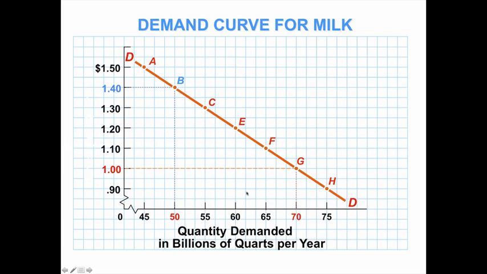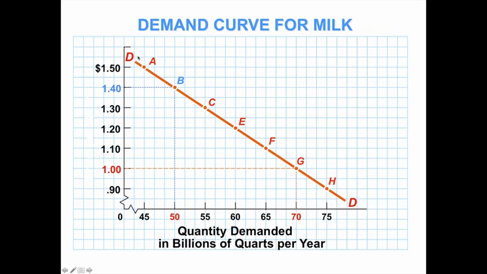And you will see that, as I showed you before, if the price is $1.50, the quantity demanded will be 45 billion quarts of milk per year.